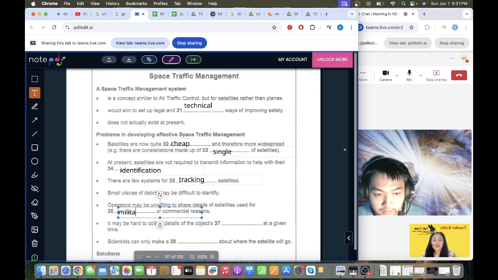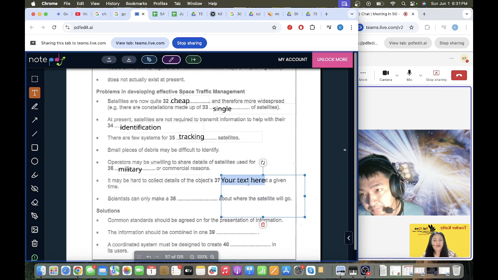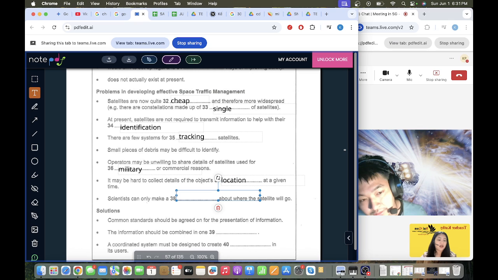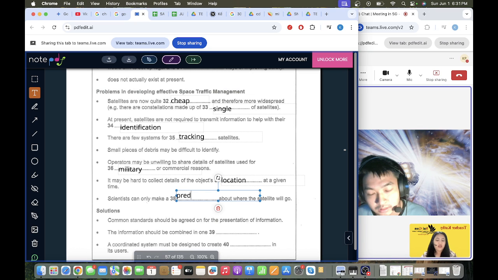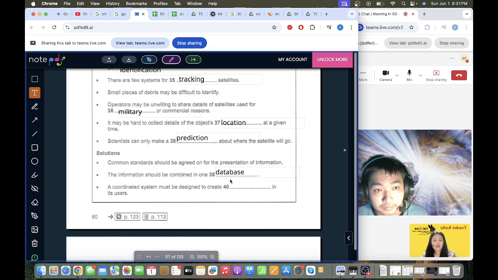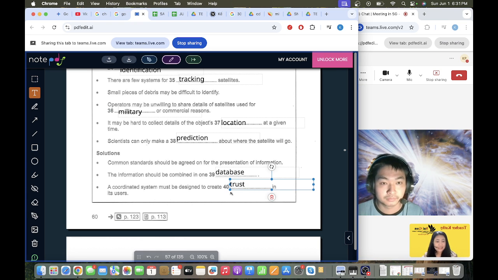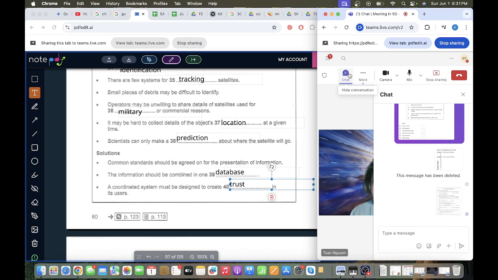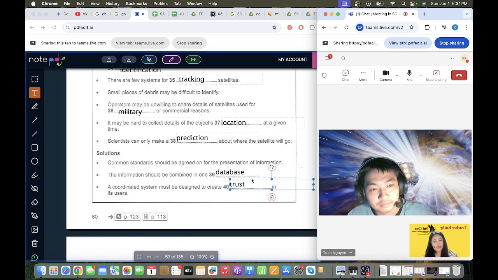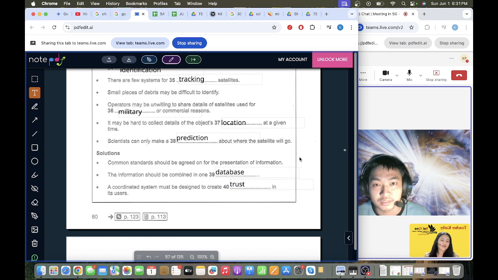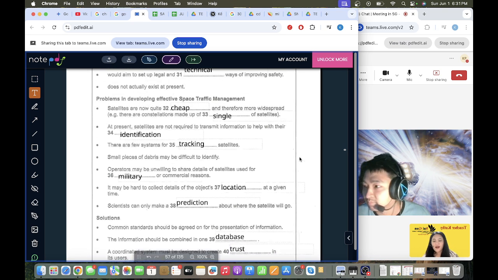Okay. Military. 37. Location. 38. Prediction. 39. Okay, database. 40. Trust. Okay. All right.